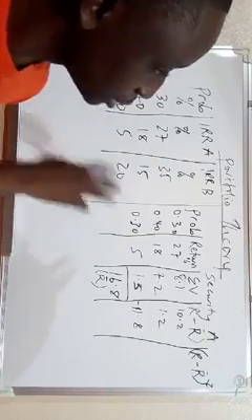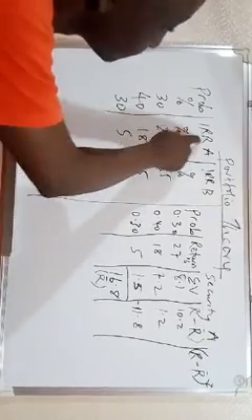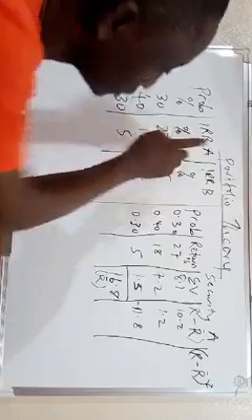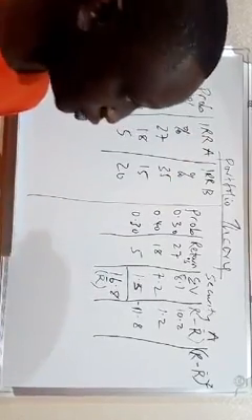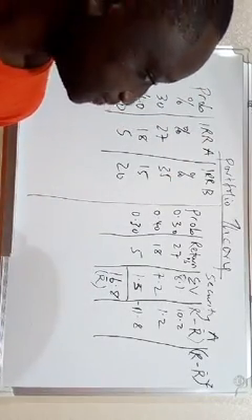different return. This is security A. So we are trying to get the standard deviation.